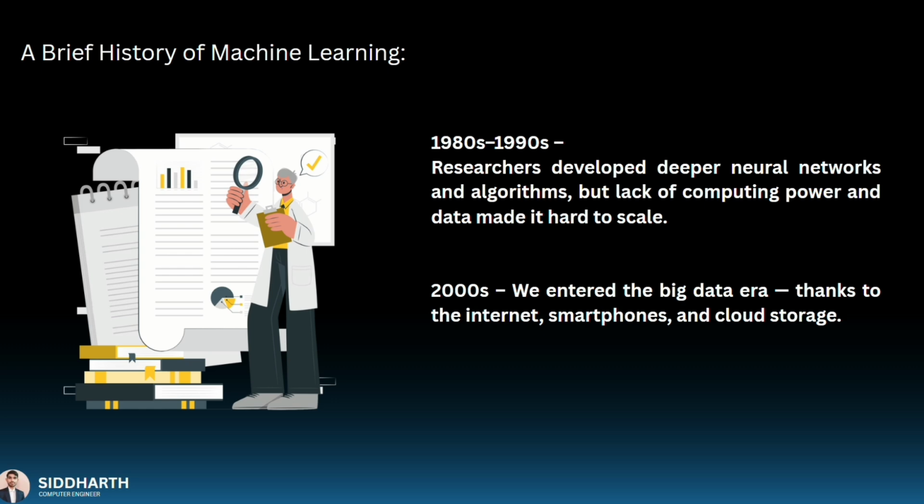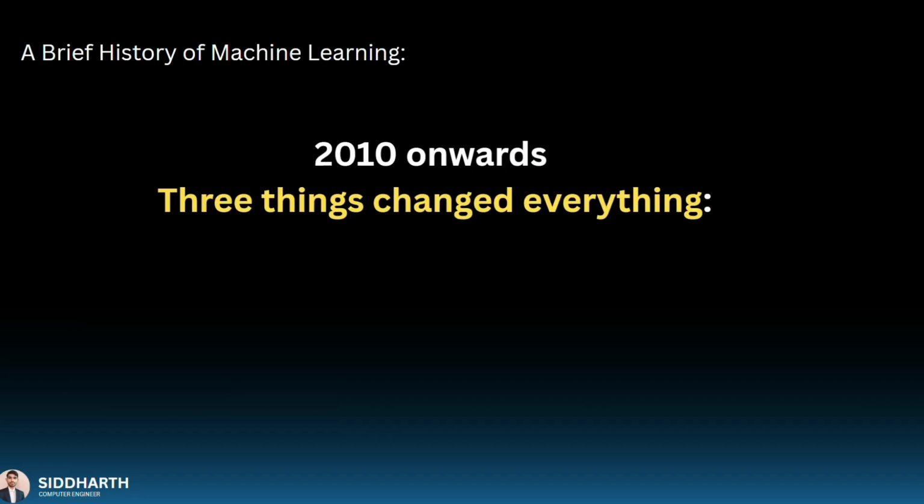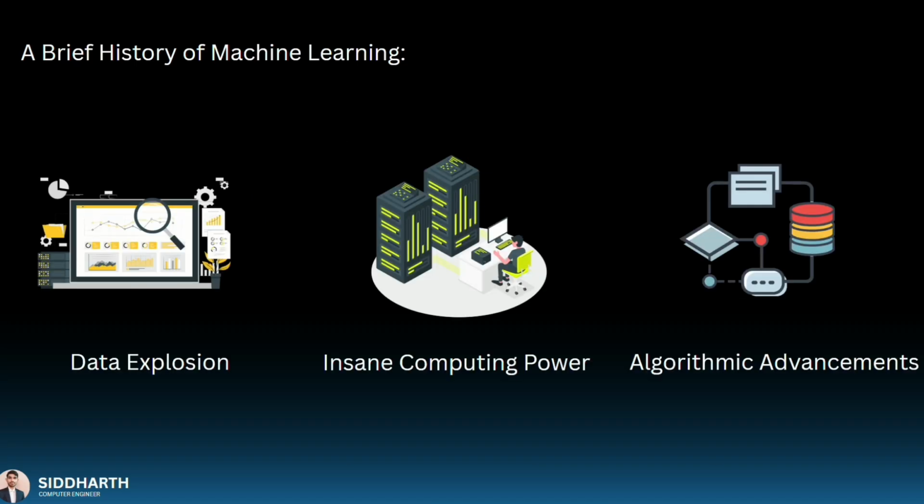In the 2000s, we entered the big data era, thanks to the internet, smartphones, and cloud storage. From 2000 onwards, three things changed everything. Why is machine learning booming now? Data explosion. Every photo, like, purchase, swipe, it's data. Businesses now sit on terabytes of users' behavior, and machine learning thrives on data.